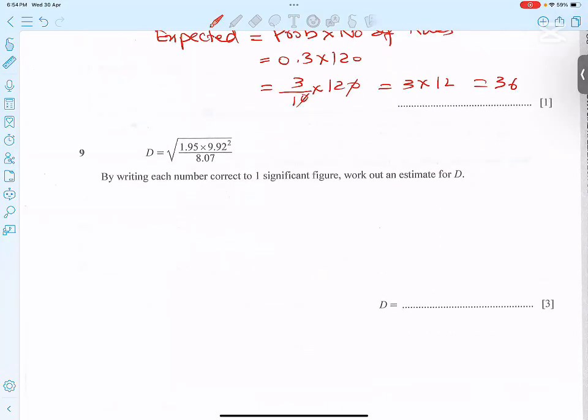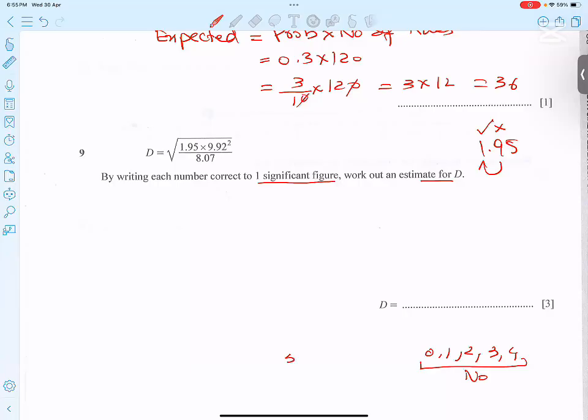He said here, by writing each number to one significant figure, work out an estimated D value. So what is one significant figure? 1.95, I need this number, I don't need this number. When the digit is bigger than 4, the criteria is: if 0, 1, 2, 3, 4 come, we never add, no addition.